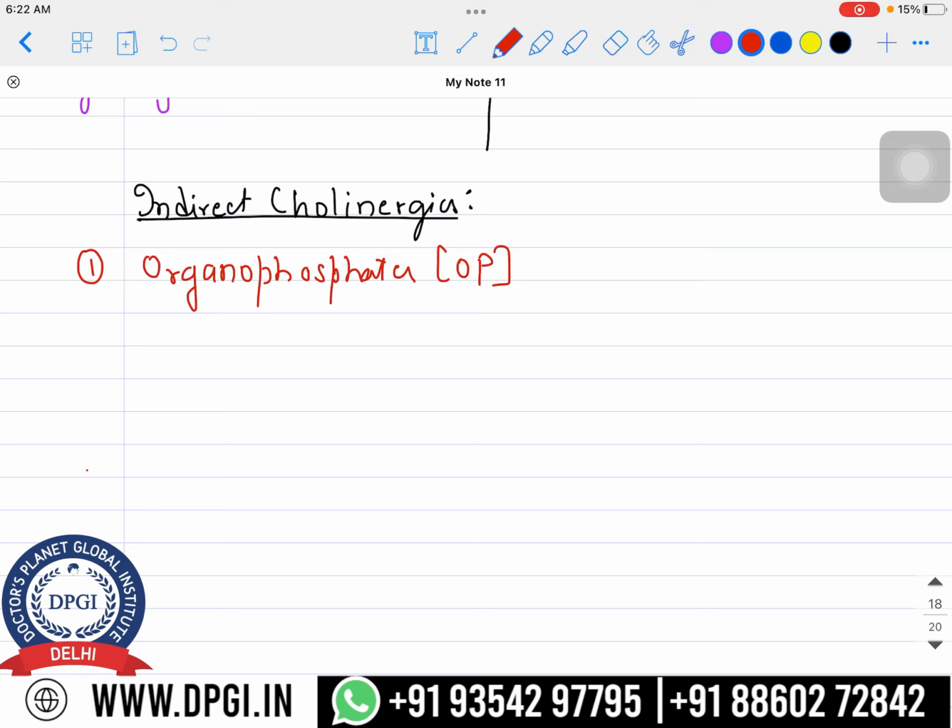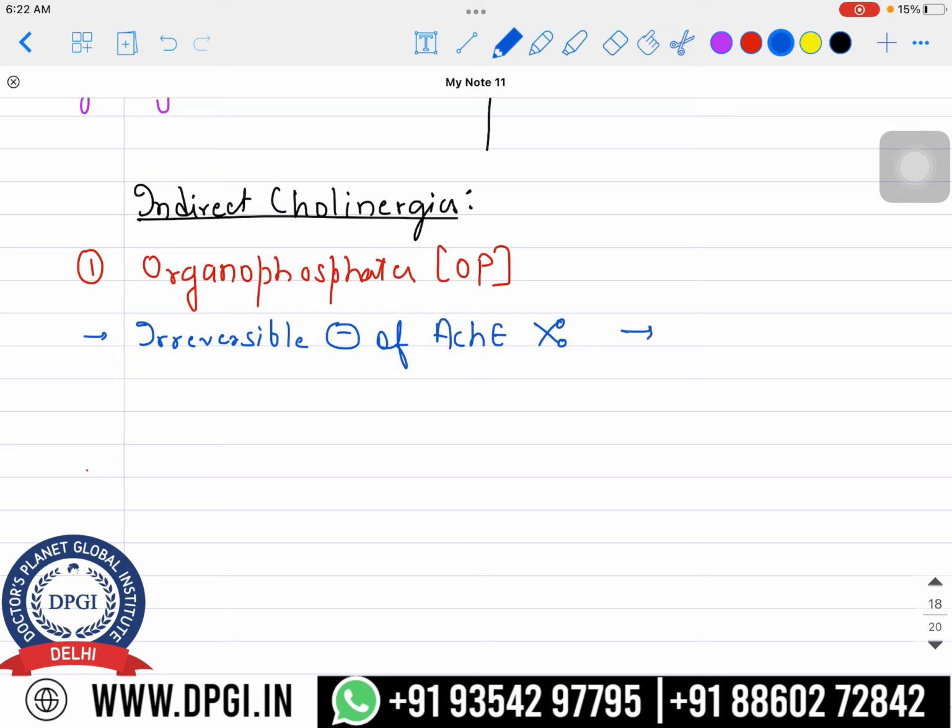But for the initial 30 minutes, they are reversible blockers, and after 30 minutes we can't do much, because they become irreversible blockers. So overall they are irreversible blockers of the acetylcholinesterase enzyme, right? You will remember this with this sign.